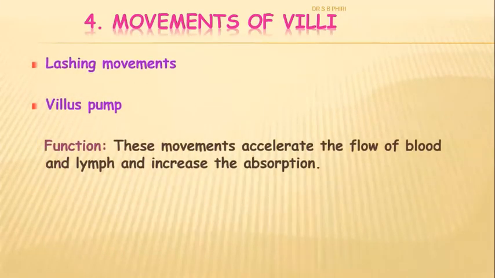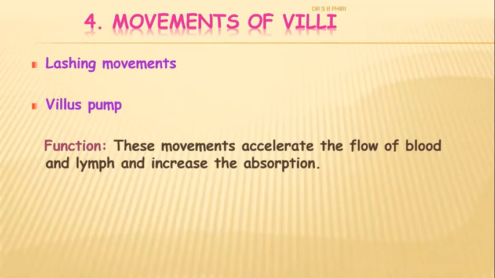So what sort of movements can you appreciate by the villi? We have lashing movements and the villus pump. What is the function of these movements? These movements are going to accelerate the flow of blood involved in absorption, and also lymph, absorption of fat, because we have the lacteals.